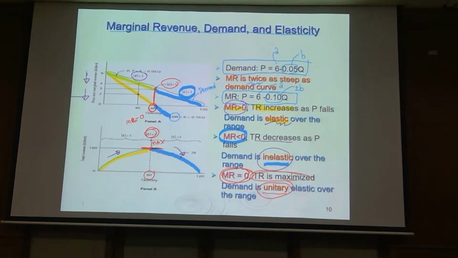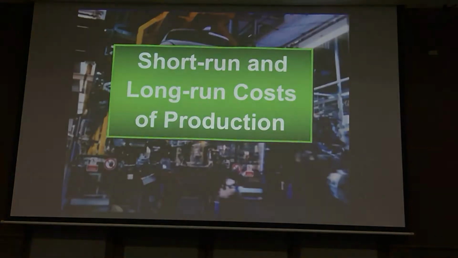Can we continue? Right, so that is the relationship between demand, marginal revenue, total revenue, and also elasticity. Okay? So let's continue.